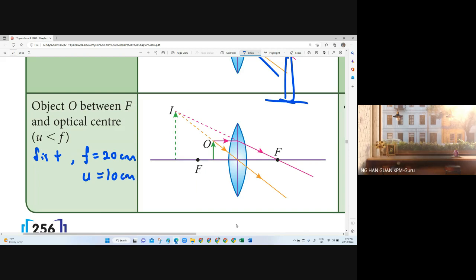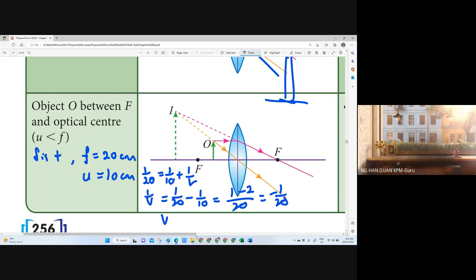Now we want to know about V. 1 over 20 must equal 1 over 10 plus 1 over V. So 1 over V equals 1 over 20 minus 1 over 10, that's 1 minus 2, so it equals negative 1 over 20.